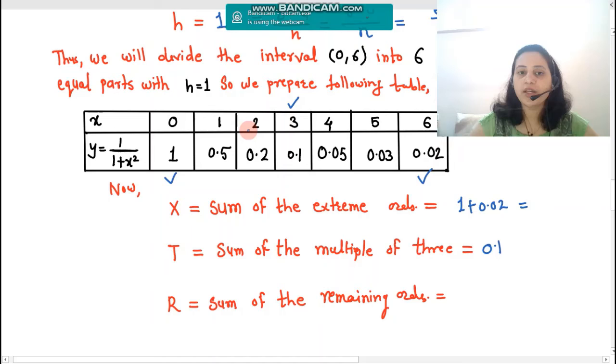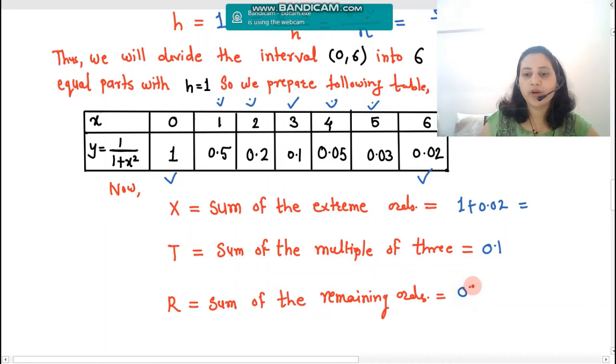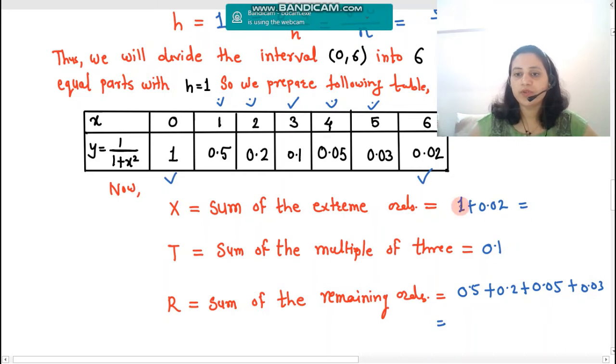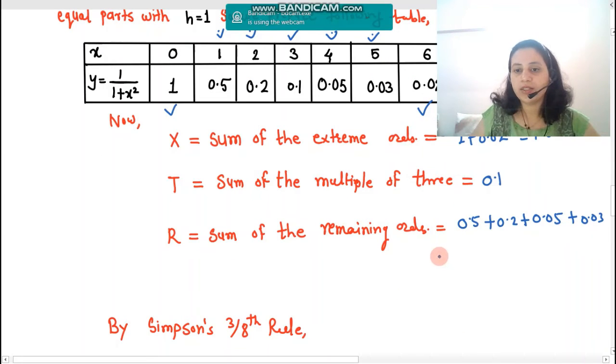So the remaining ordinates are 1, 2, 4 and 5, right? So this is 0.5 plus 0.2 plus 0.05 plus 0.03. Okay, and this is equal to 1.02. Okay, now the answer is 0.78, right?